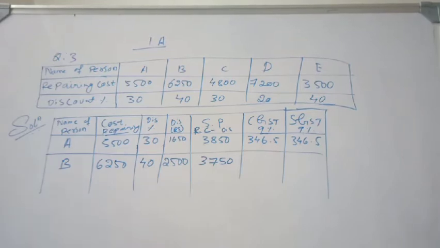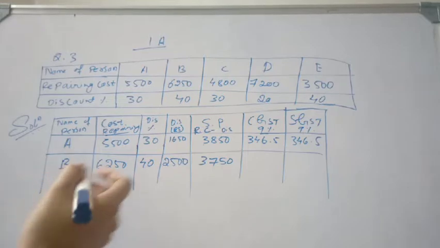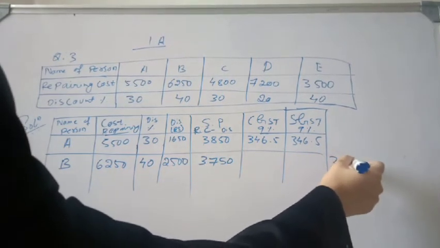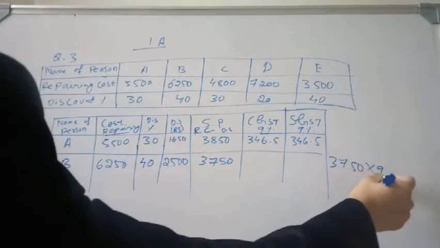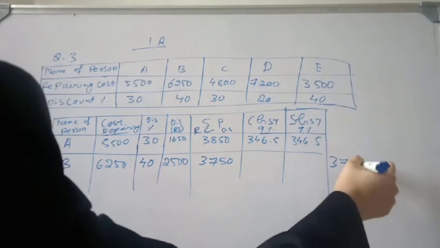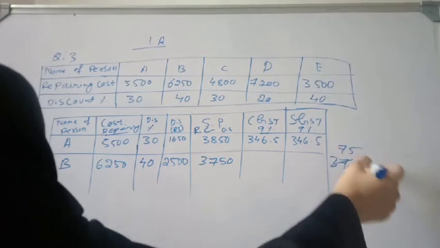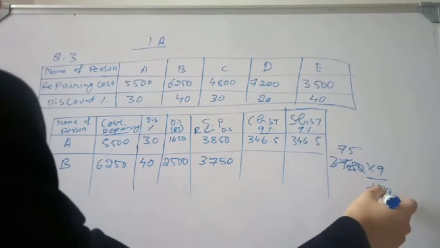So 3,750 into 9% for CGST and SGST, because the transaction is going on within the state, therefore we take CGST and SGST. So 3,750 into 9 upon 100.